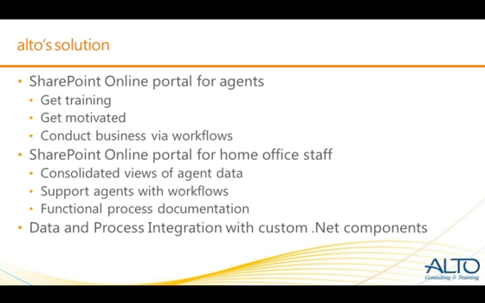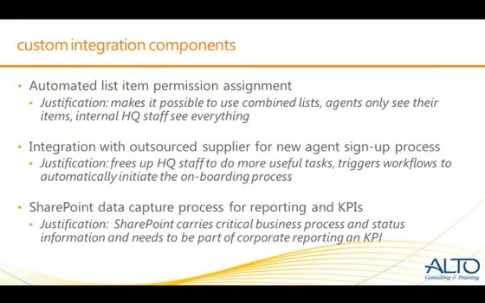So that's an extranet solution, an intranet solution, and then the final key, our data and process integration with some custom .NET components to sort of round things out. The custom integration components fall into three areas. The first is the use of a single unified set of lists and libraries for all information in the agent portal.